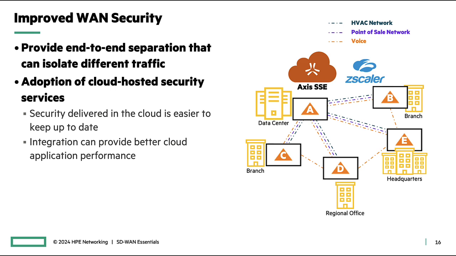An SD-WAN vendor that seamlessly integrates with cloud-hosted security services can provide better cloud application performance without any compromise in security protection. For the CISO and the rest of the C-suite, this means reduced business risk and increased brand protection. Can you recall the huge drops in stock prices of companies that have suffered security breaches?